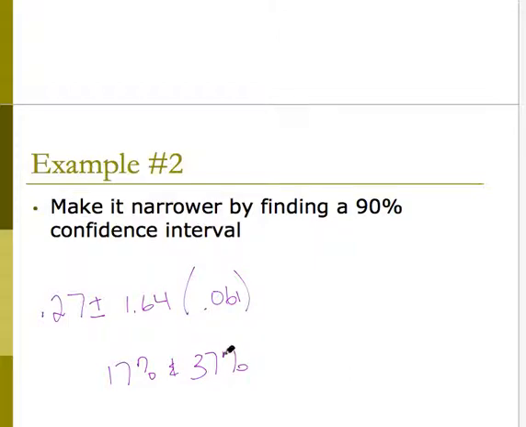So I am 90% confident that between 17 and 37% of the people will show improvement or report improvement with the new medication. So we found a narrower confidence interval, which means that the numbers here actually increased.